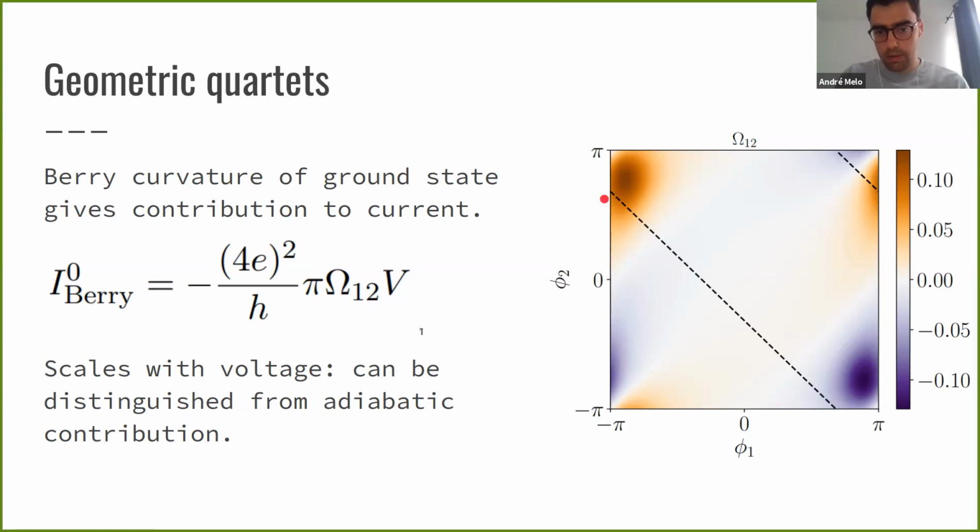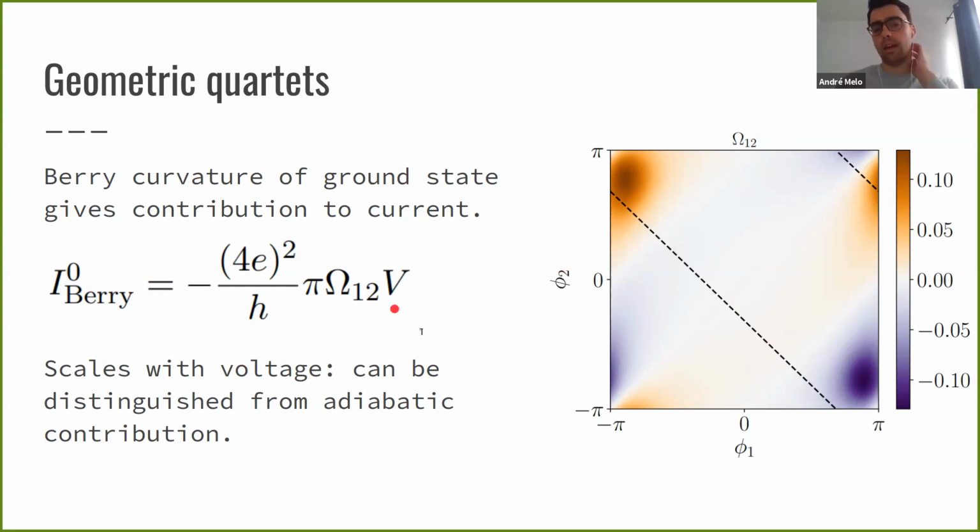So here I'm showing an example. I forgot to show the plot that has the actual data along this cut, but it is a finite average of the Berry curvature along this line, which means that we have a geometric contribution to the multiplet supercurrent.